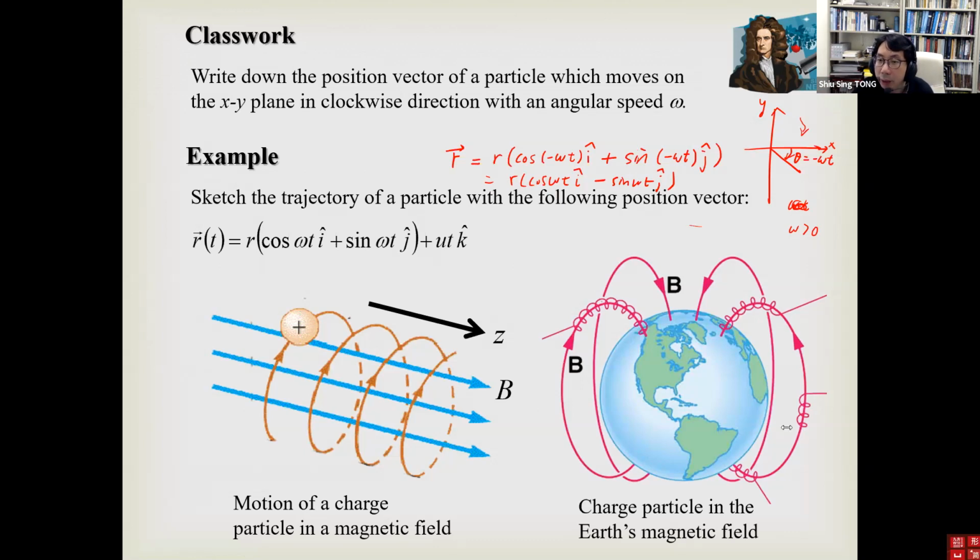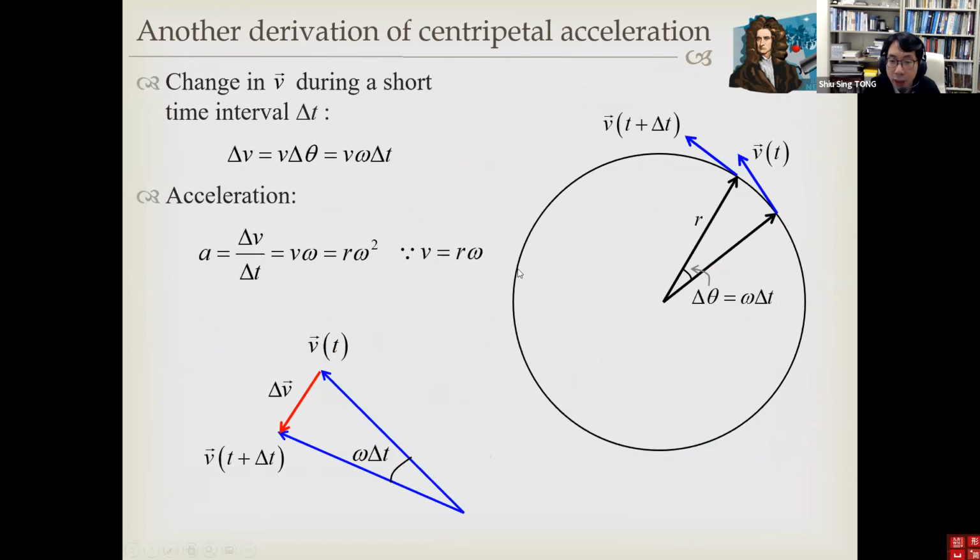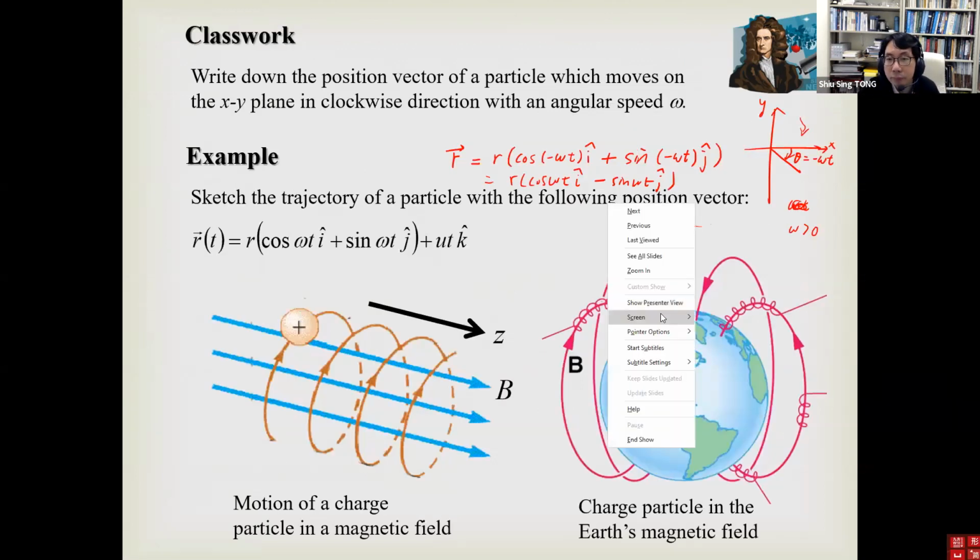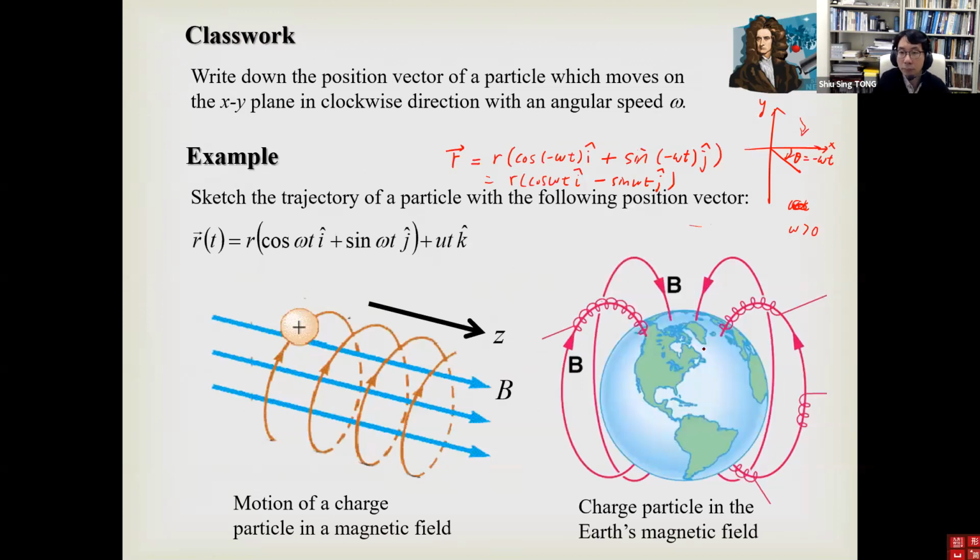Now, somebody asked me, what is the meaning of ut? ut is a uniform motion, right? Do you remember your high school physics? Sorry, I go back. What is the meaning of this? This is a uniform motion in the x direction with a velocity u, right?